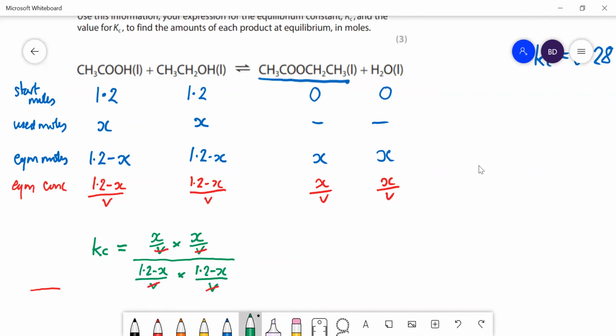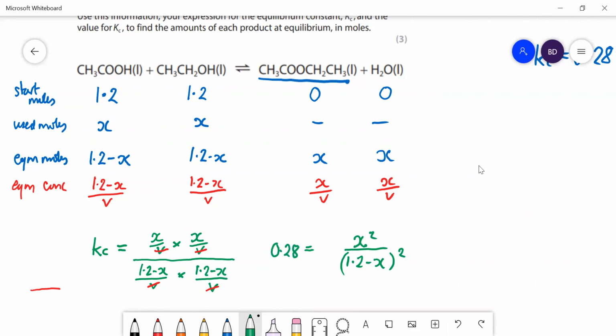So we end up with Kc is equal to X squared over 1.2 minus X, and that's also squared, and that's going to help us. The value of Kc, they tell us, is 0.28, so let's put that in.